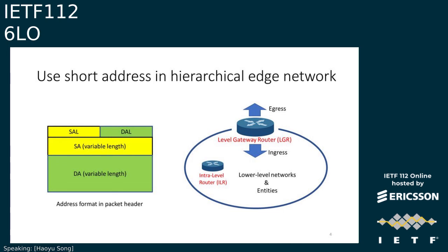The network prefix for this level is only maintained by this gateway router, while other entities in the network only know their own node ID. There are some other types of routers called intra-level routers, which are responsible for packet forwarding within the level network. Those routers don't maintain any prefix. Next slide, please.